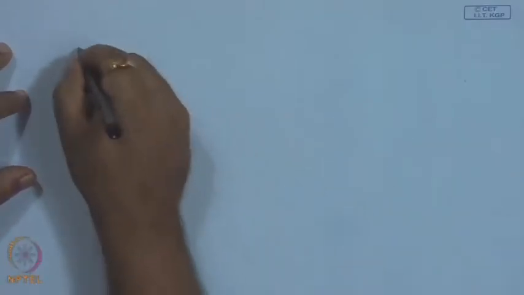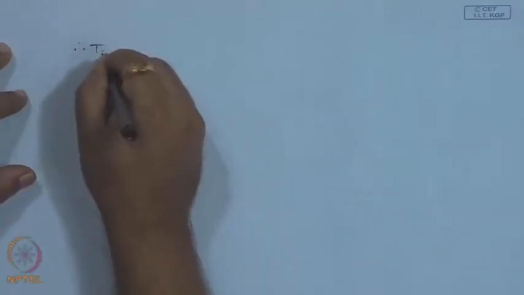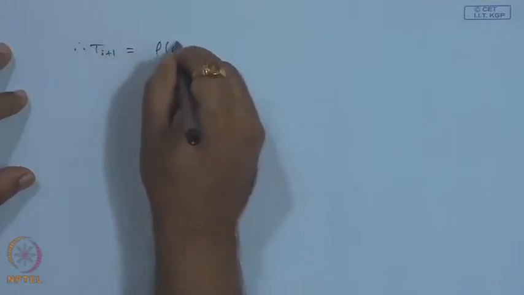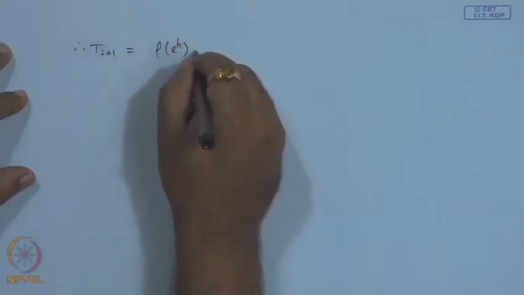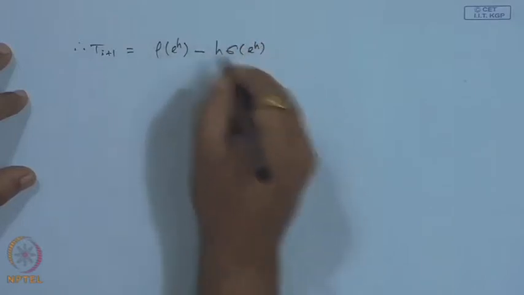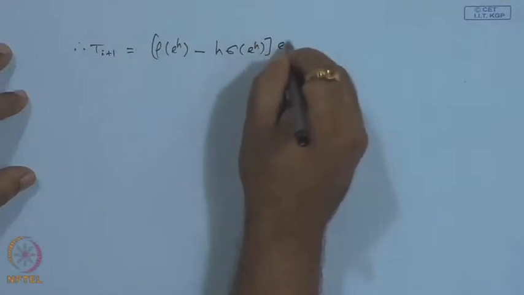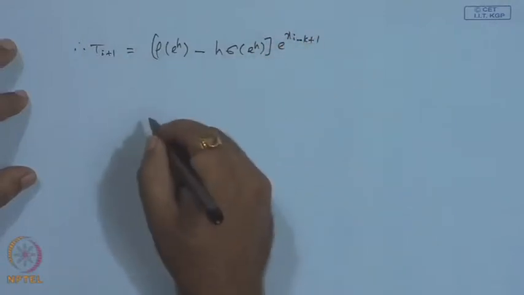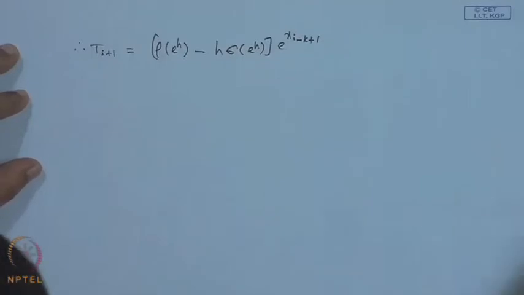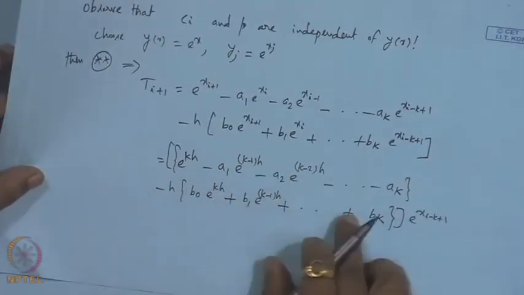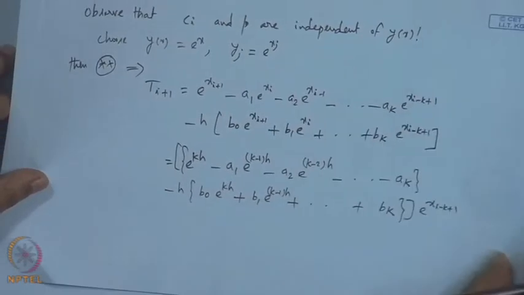So, using this notation, this can be written as rho of h sigma of, because this is the first characteristic and second. Okay.